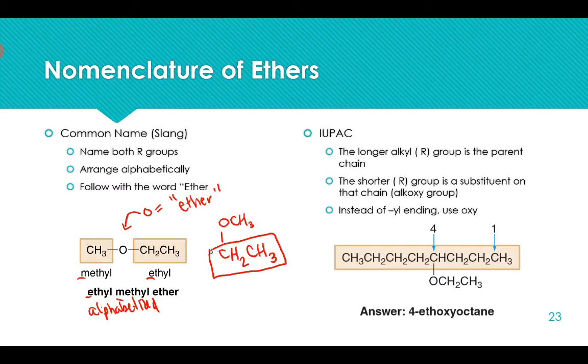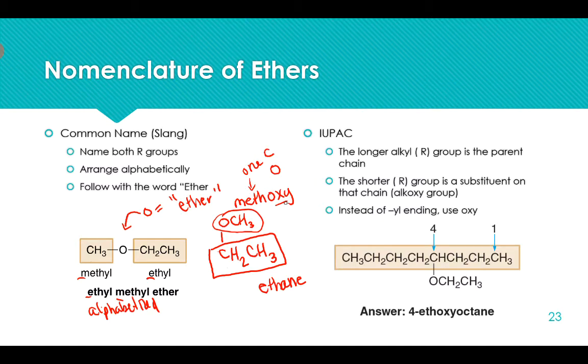Ethers are so low down on the food chain that they won't change your suffix at all. And so this is ethane, and this is a substituent on it. This has 1 carbon and an oxygen, so that is methoxy. Oxy meaning one oxygen, and meth meaning 1 carbon.